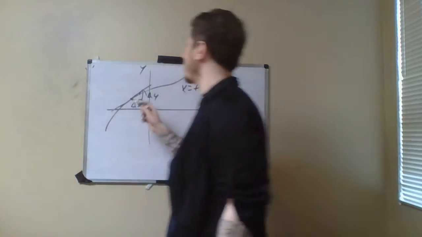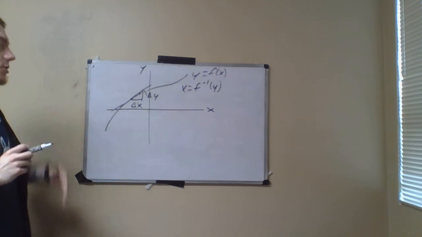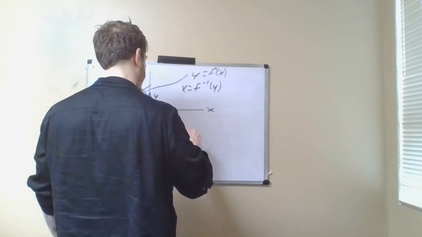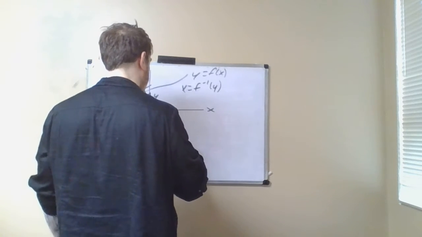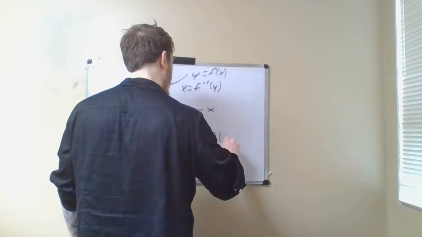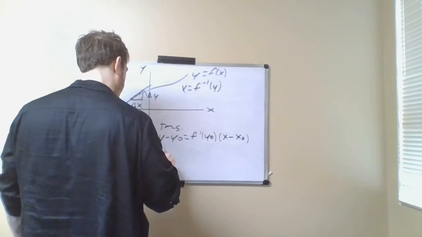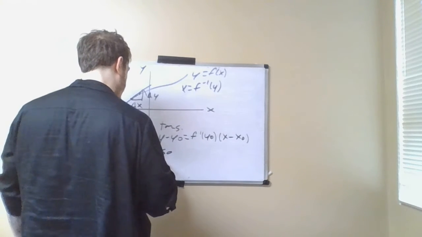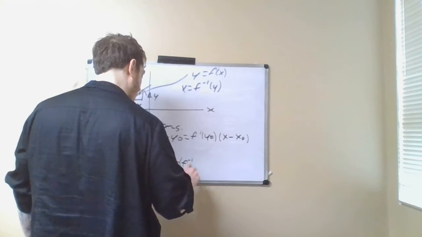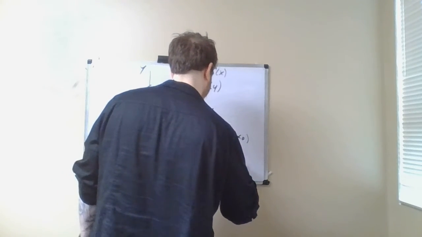Because these tangent lines should come out the same way, what we're going to get is that the tangent looks like y minus y0 is equal to f prime of x0 times x minus x0, but also it should be equal to x minus x0 is equal to f inverse prime evaluated at y0 times y minus y0.